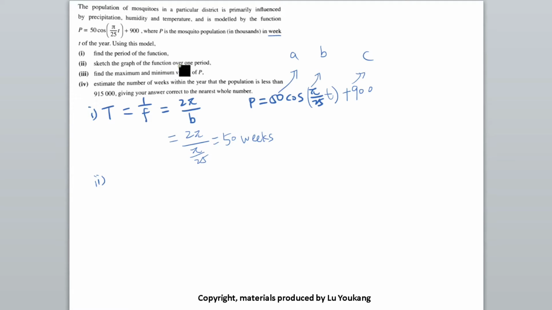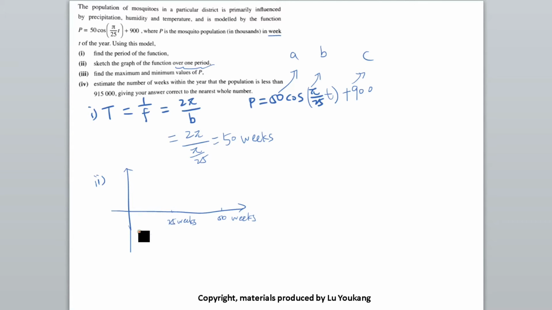So now let's draw your vertical axis and your horizontal axis, and label your horizontal axis from 0 to 50 weeks. And the midpoint is 25 weeks because 50 weeks is a period. Last but not least, let me label my y-axis as well, I mean our vertical axis.